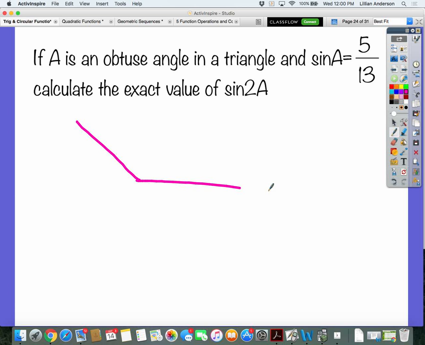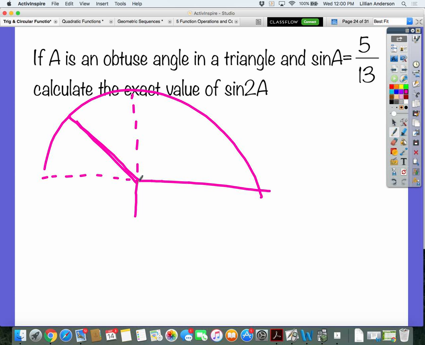Since it's an obtuse triangle, okay, you are basically in the second quadrant of your circle, which means that your cosine in the second quadrant is negative.